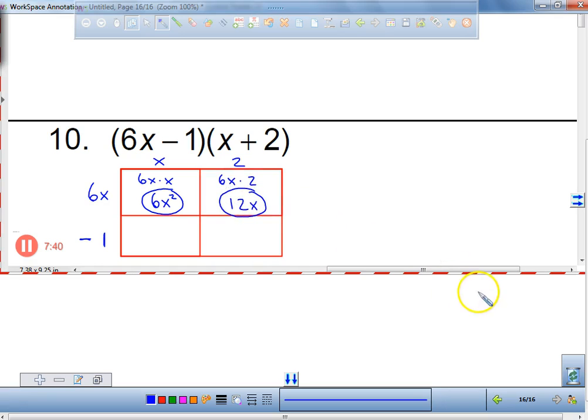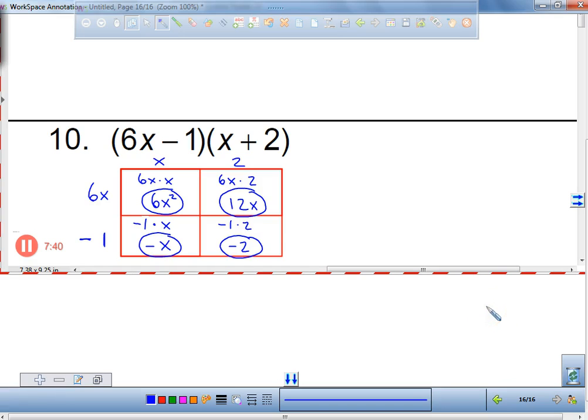That's the area of that rectangle. This one's going to be a negative 1 times an x, which is a negative x. That's the area of that rectangle. And last but not least, we have a negative 1 times a 2, which is a negative 2. That's the area of that rectangle.